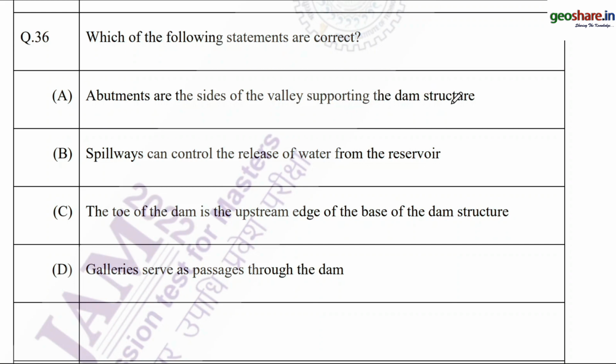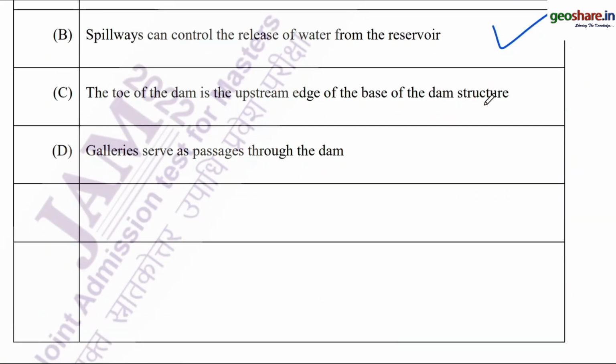A, B, D are correct. Spillway controls the release of water from a reservoir. Abutments are the sides of valleys supporting the dam structure, and the gallery serves as passage through the dam.